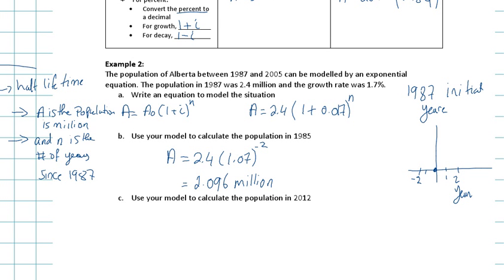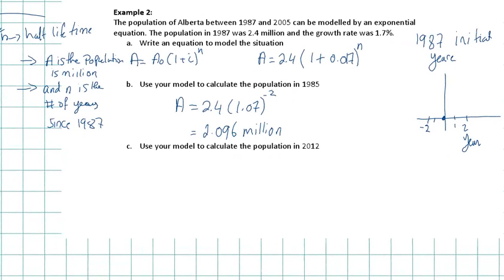Use your model to calculate the population in 2012. Is that -25? Positive 25? So what do you do to find what n is, so you don't guess? You do 2012 minus 1987. So what do you get? 25. Is it right or is it wrong? What did you get? 25. Yeah, 25.